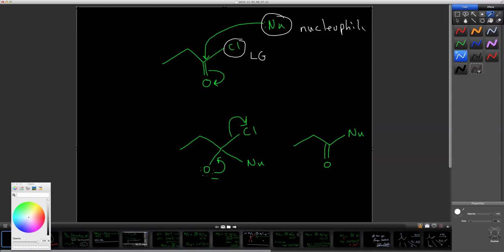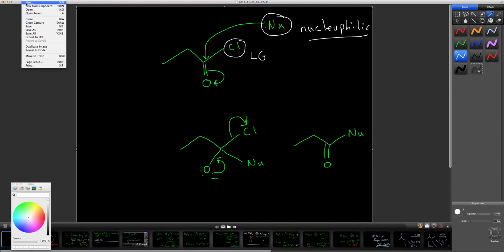So when we talk about substitution mechanisms, we are not discussing acyl substitution. That will be formally discussed and covered in detail next semester. We are talking about alkyl substitution, and so we're limiting our argument to only sp3 hybridized carbon electrophiles.